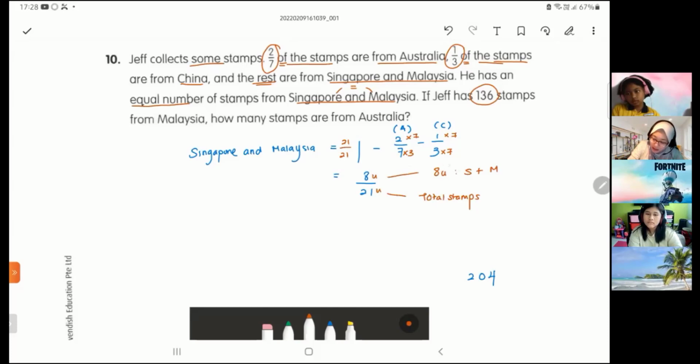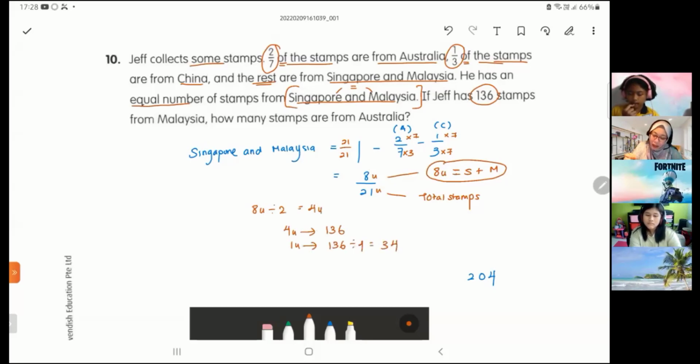If Singapore and Malaysia is 8 units, Malaysia only will be 8 units divided by 2, since they are equal, which equals 4 units. So 4 units is 136. 1 unit is 136 divided by 4. I get 34.